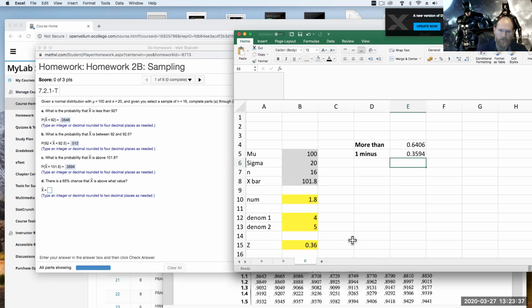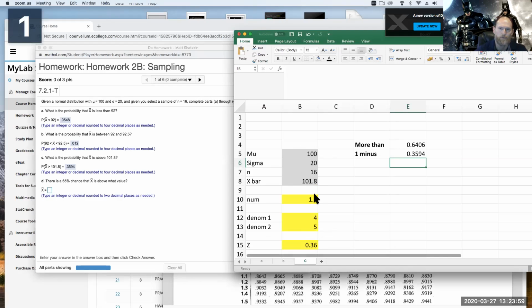We'd have to set up a new spreadsheet, which we could. I don't know if I feel like doing that. So instead, I am going to, let's say, I do this.